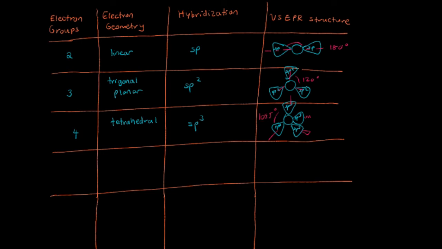Good. If we have 5 electron groups, we should see trigonal bipyramidal electron geometry, and that means sp3d hybridization. We should see these sp3d orbitals, which will look like that.